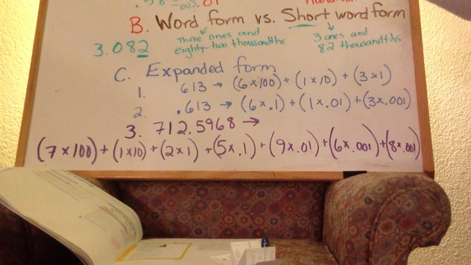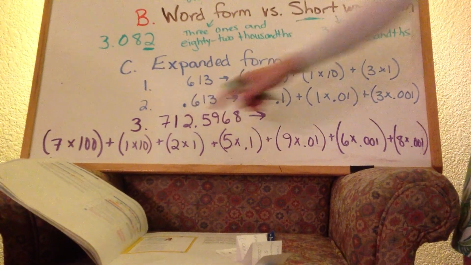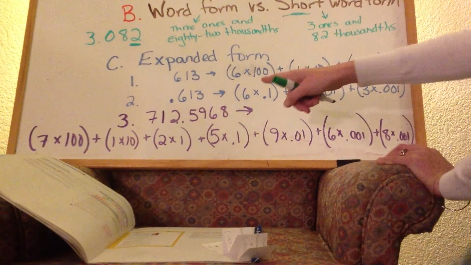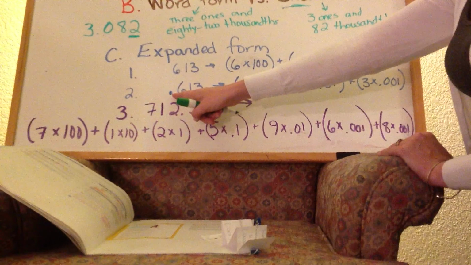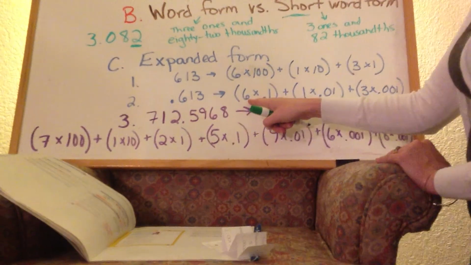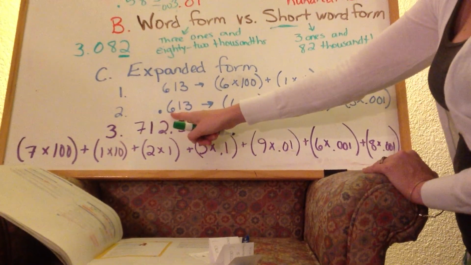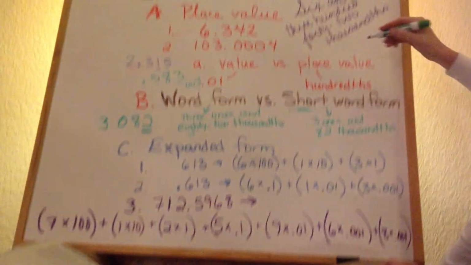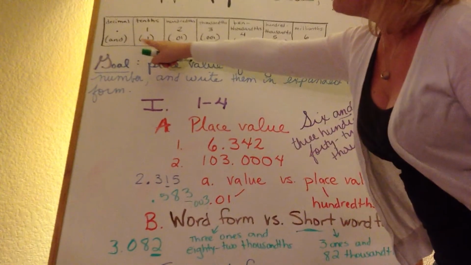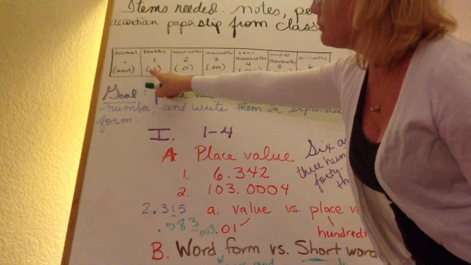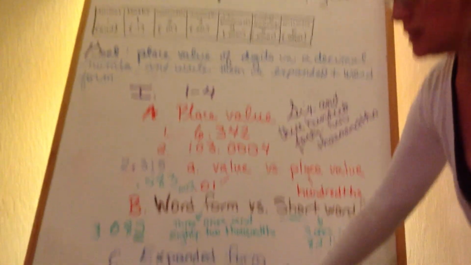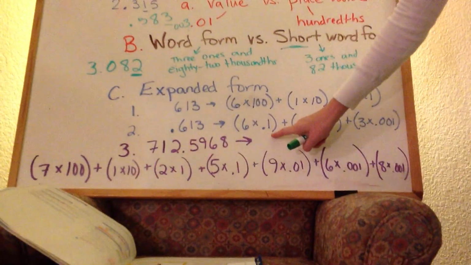Now we're going to go the other way. We're behind the decimal here. So when we're behind the decimal, again, we're going to start with our first digit, the 6, but instead of multiplying it times 100, we're going to multiply it times the first value. So remember in our charts, I wrote on the bottom, so the first number past the decimal is a 0.1. So you're going to do 6 times 0.1.